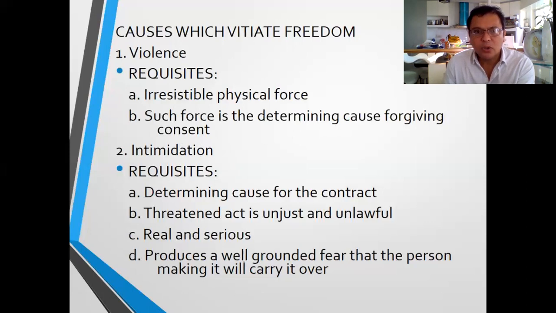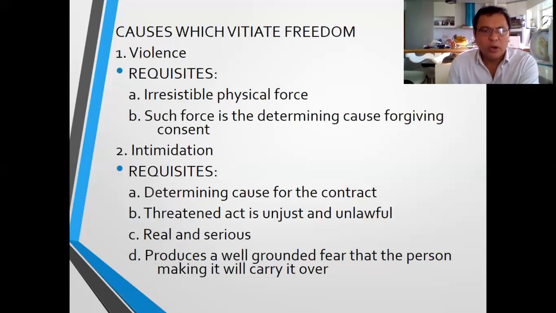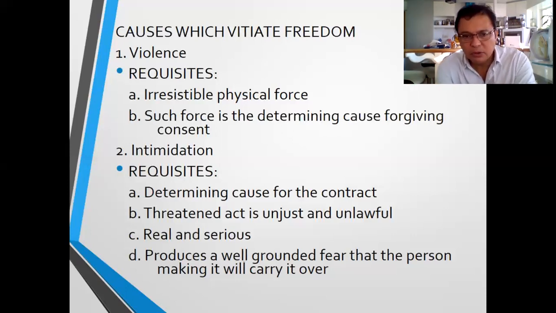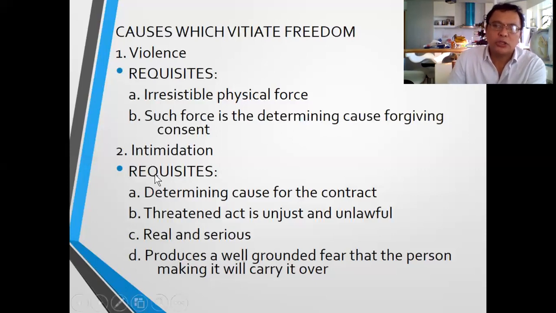And if you are not going to sign these papers, you will not see your children anymore. Okay, he will say, do you want something to happen to your children? So that is intimidation by mere words, and you are threatened. So you sign that paper, otherwise you will no longer see your children.